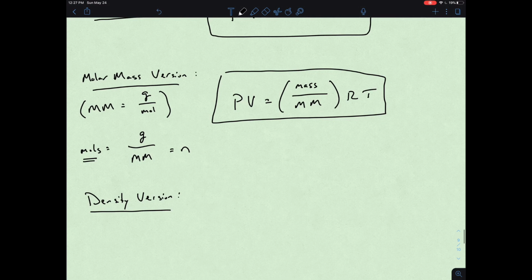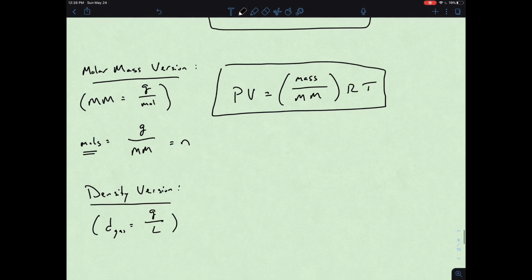And the density version, meaning that the density of our gas would be equal to grams over liters, right?